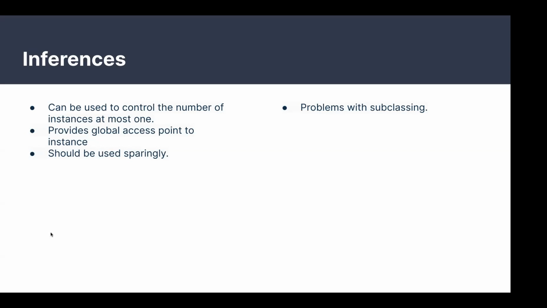Say it's needed in a particular place, but if you're making use of a global access point, the dependency might not be quite obvious. Another thing is in case of unit testing, where it becomes difficult to mock the instance that is returned by that method. And in that case, it becomes difficult to unit test, right?